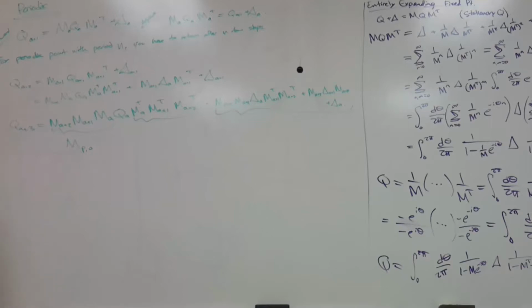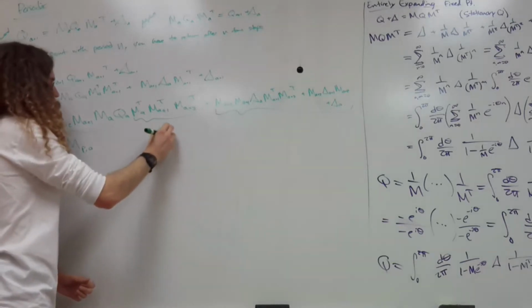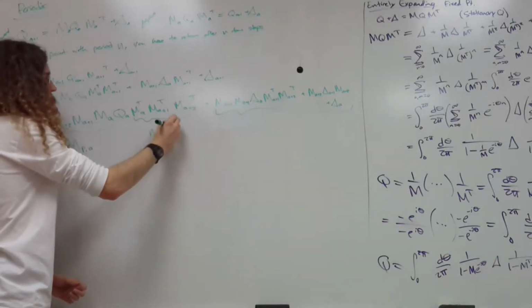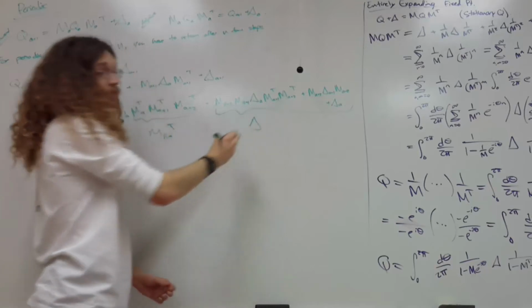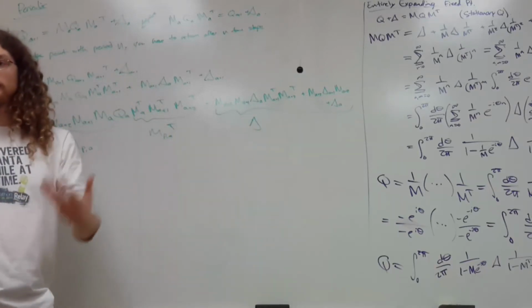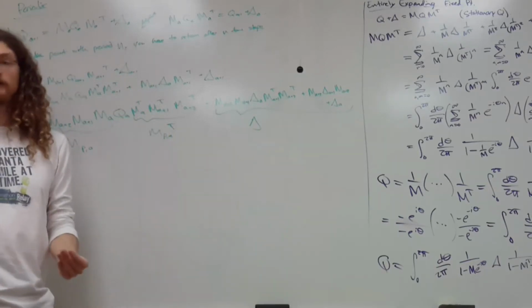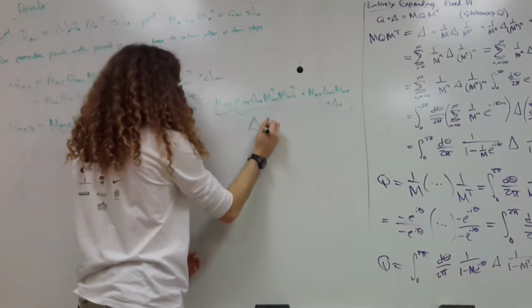It will be different if you start at a different point around the periodic orbit. We're going to call this M transpose, and this whole thing is our effective diffusion for the entire periodic orbit.